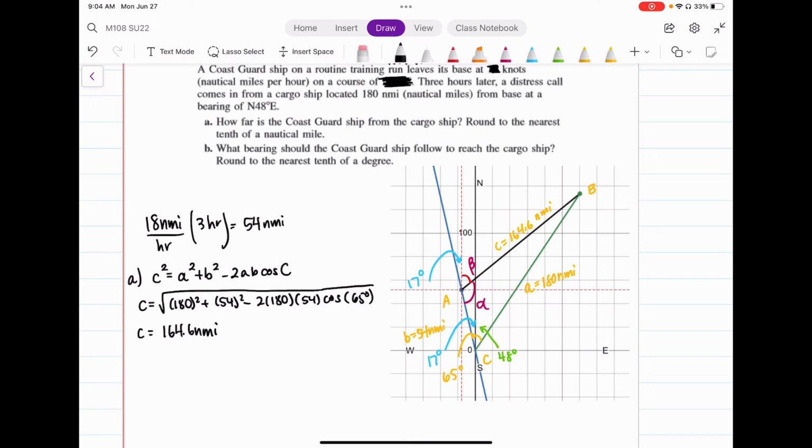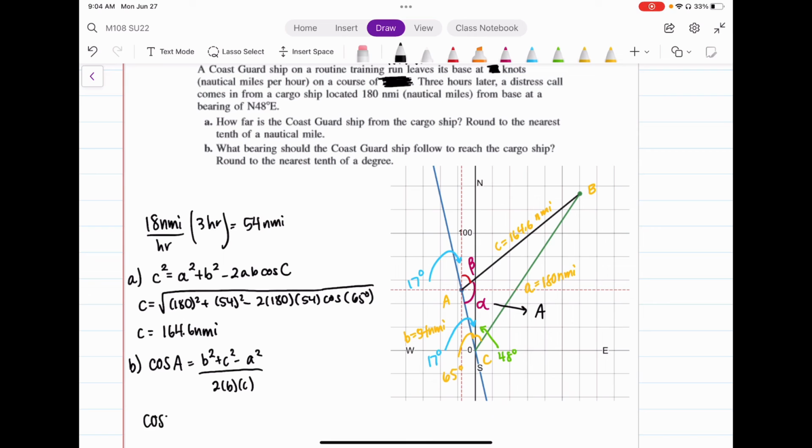So let's use the law of cosines in its alternate form to find the cosine of A. The alternate form says that the cosine of A is equal to B squared plus C squared minus A squared over 2 times B times C.